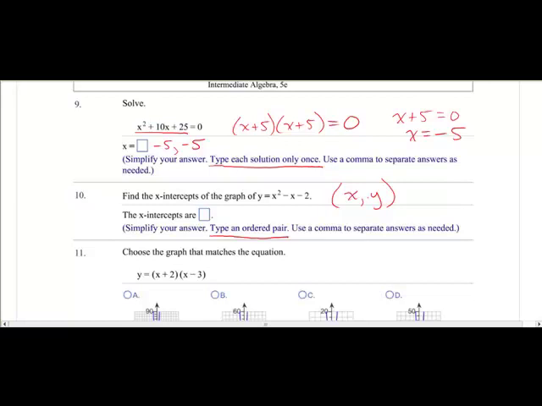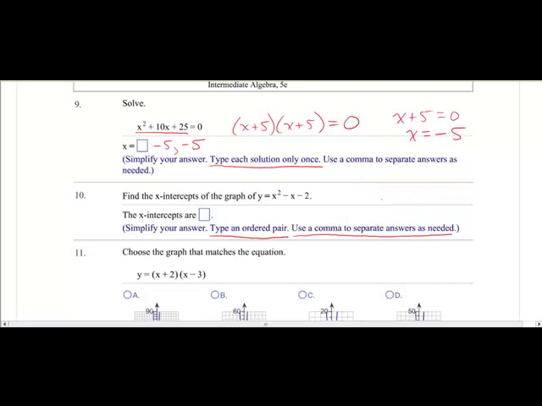And if they're x-intercepts, then that means the y value will always be 0. But you have to enter them that way. You also need to use a comma to separate answers. Many of you just put the two answers in parentheses and did not put a comma between them, so again, it counted it wrong, which is dumb, but that's what it does, and that's why I come in and fix it.